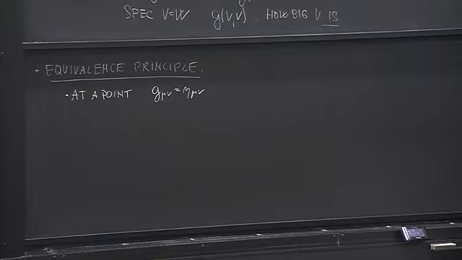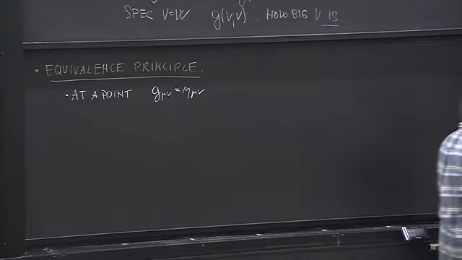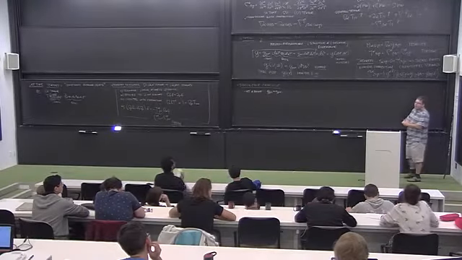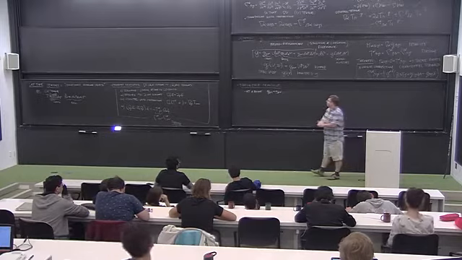Well, if you formulate it this way, it's a trivial statement. Why is it trivial? At a point, I look at the components of the metric G_{mu nu}, and the metric is symmetric, so it's a symmetric matrix.